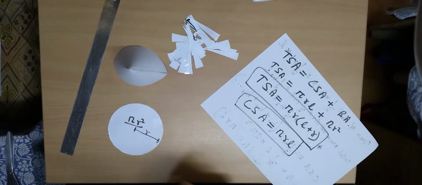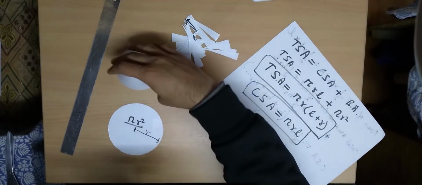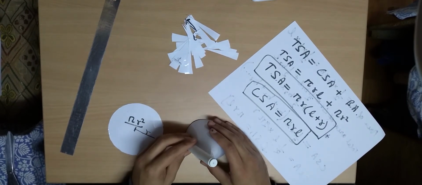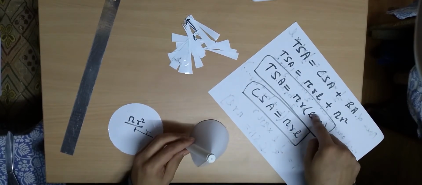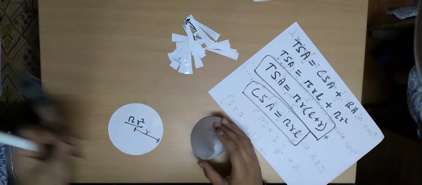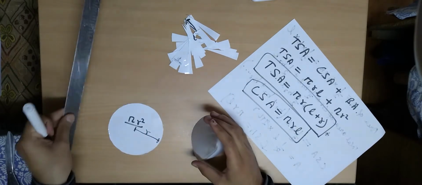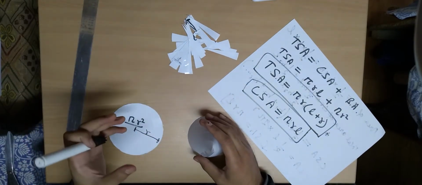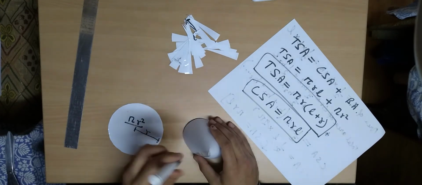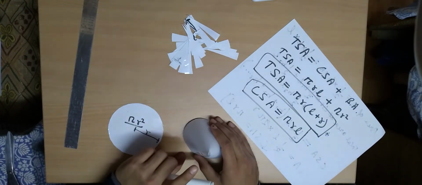One last thing that I need to add here is, sometimes in some questions you won't be given the slant height L. Instead you will be given the total height, which is this. So how do I find the slant height of any cone if I have been given the radius, obviously, and the actual height?